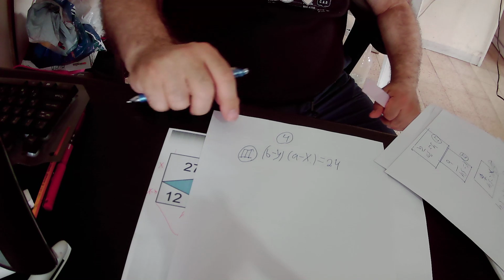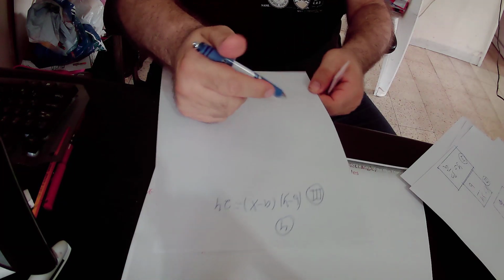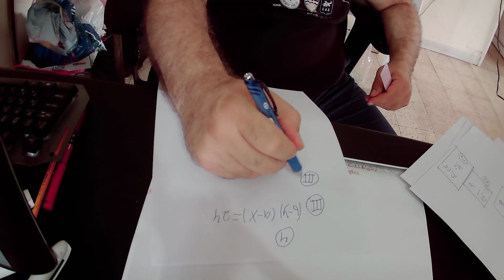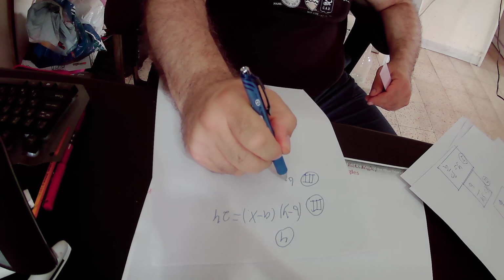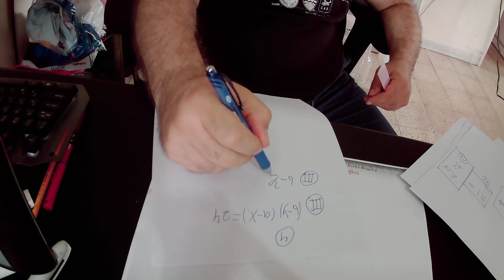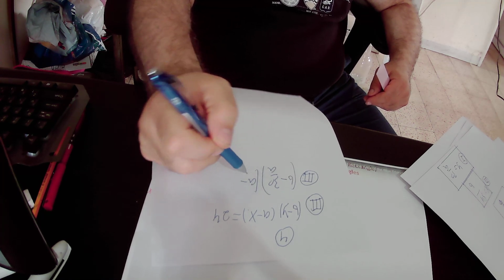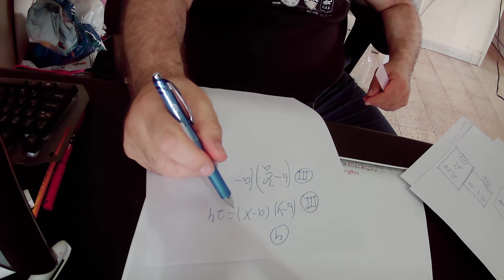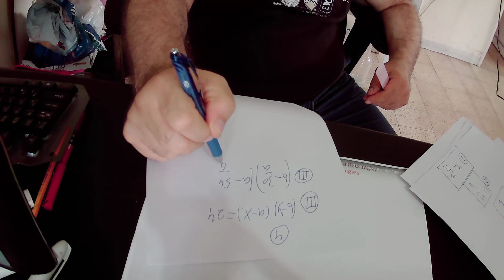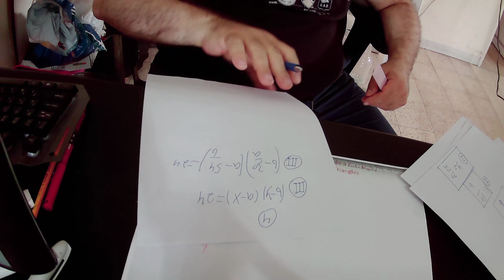So b minus y, which equals 30 over a, times a minus x, which equals 54 over b, all equals 24.